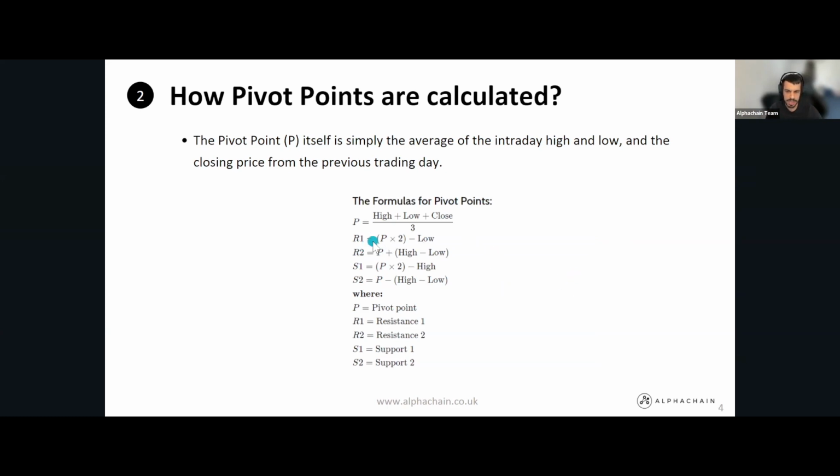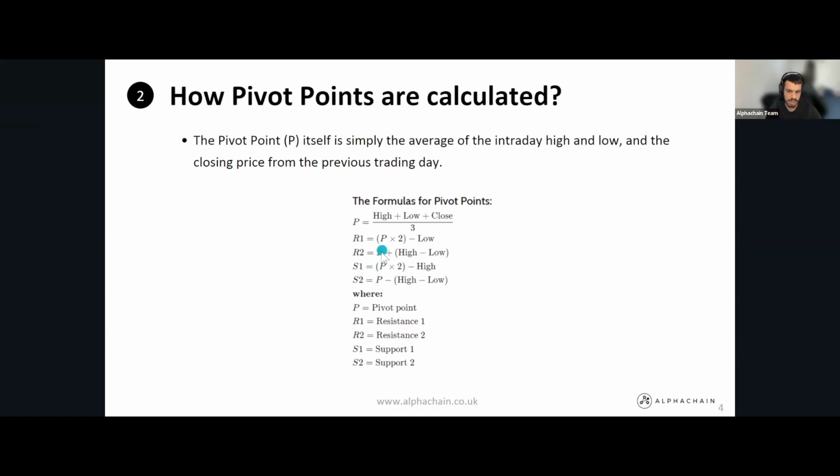Then R1 and S1 are basically 2 times the value that was calculated, and then you subtract the low in order to calculate the resistance, or you subtract from the high to calculate S1.